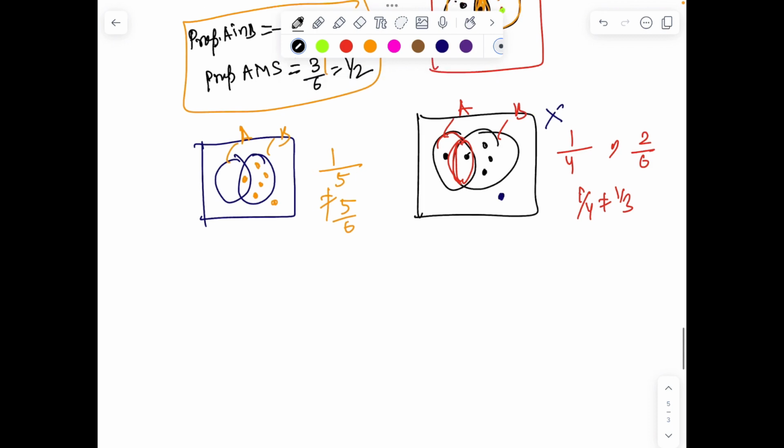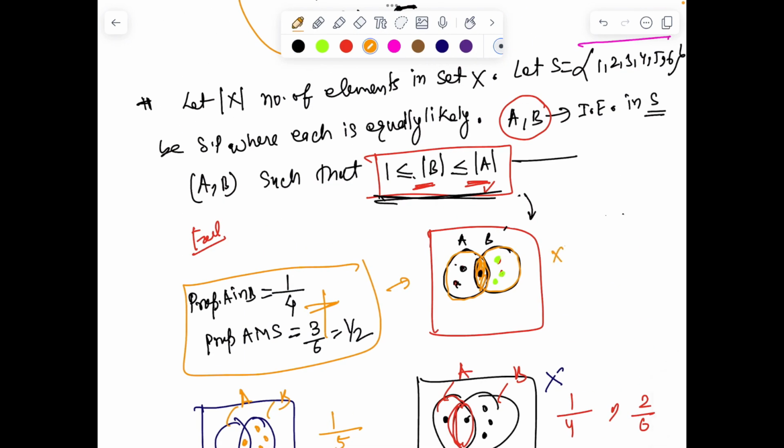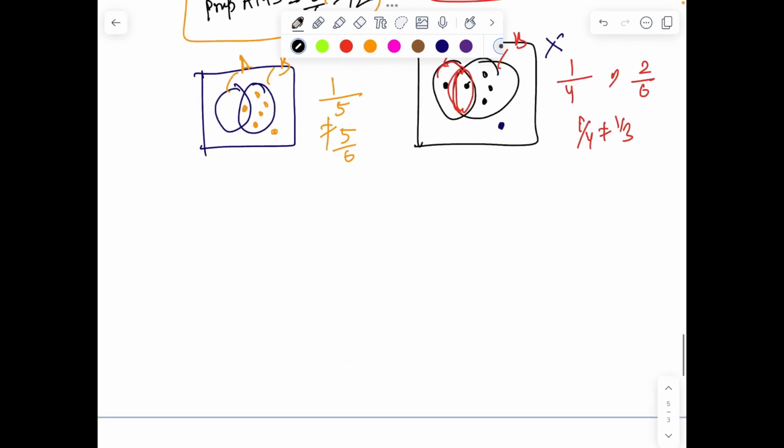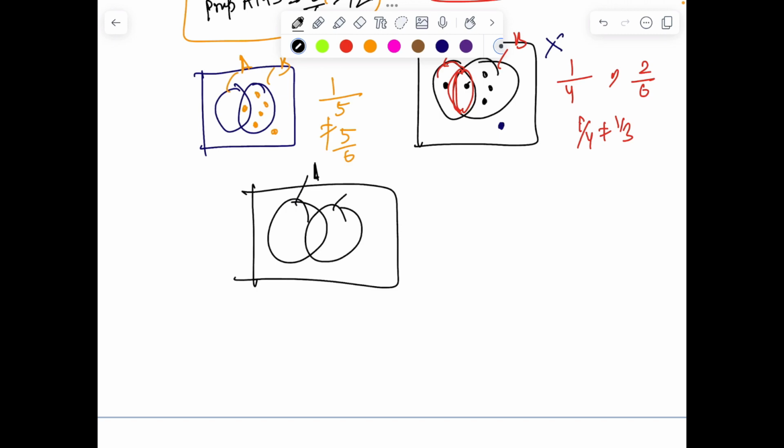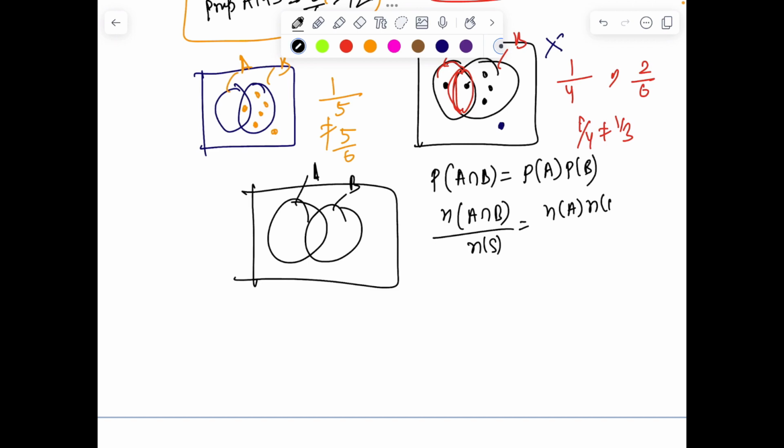Whatever I've done so far, except the first case, is in sync with the given condition. Now we can formalize this. If A and B are independent, then P(A∩B) = P(A)·P(B). So N(A∩B) divided by N(S) equals N(A) and N(B) divided by N(S) whole squared. One N(S) will get cancelled.